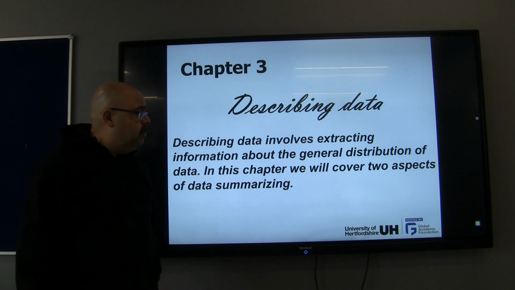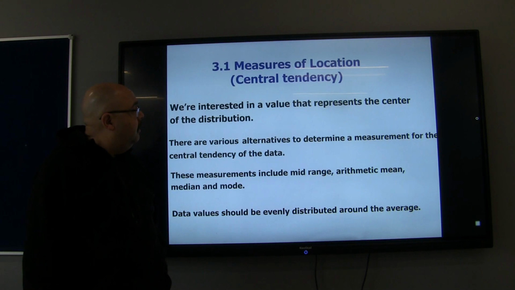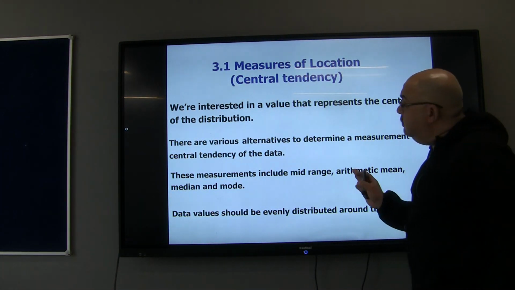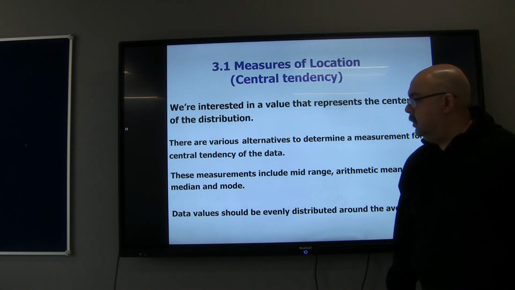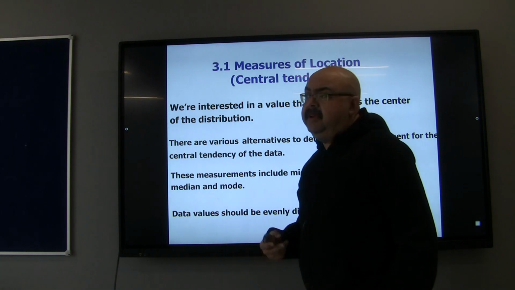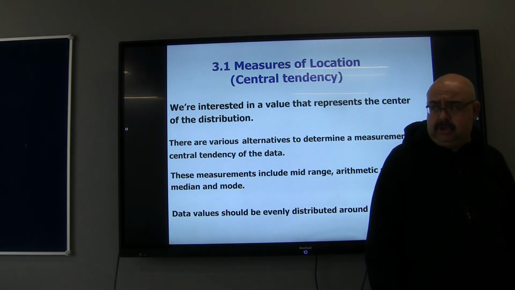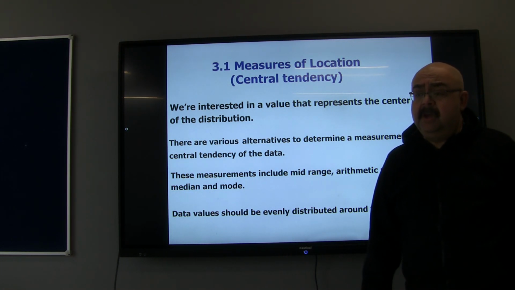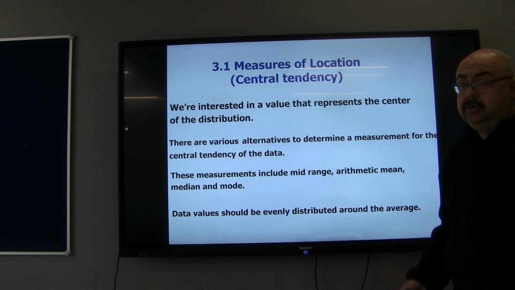In this chapter, we will cover two main aspects, which are the measures of location, or the central tendency measures, and then the measures of dispersion today, inshallah. I will try to make things easier and cut it short as much as possible. All of these topics you are already familiar with. We just need to go through them to refresh your memory.